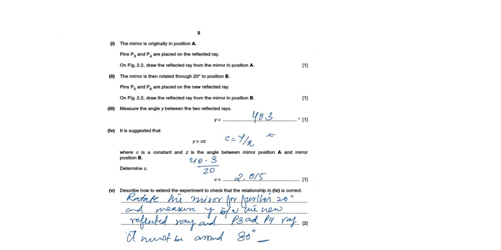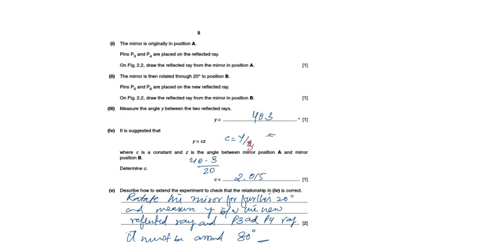So 40.3 divided by 20, where 20 is z, which is almost 2.015, right? From this equation, this is the gradient and the gradient is constant. So y over z, we will always get c, whatever the value of y and whatever the value of z. We will get the same c.